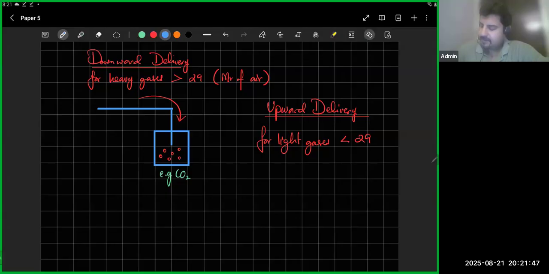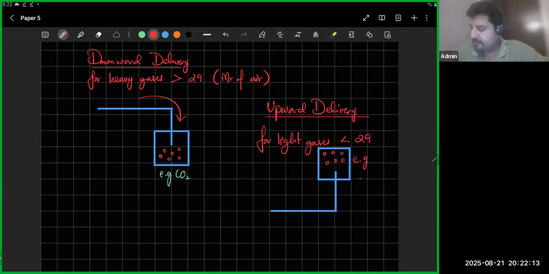So your beaker would be placed upside down, or gas jar or whatever container you're using. And because it's a light gas, all of it is going to be trapped at the top. An example of a light gas is hydrogen gas or helium gas. Okay, so it's going to be collected.